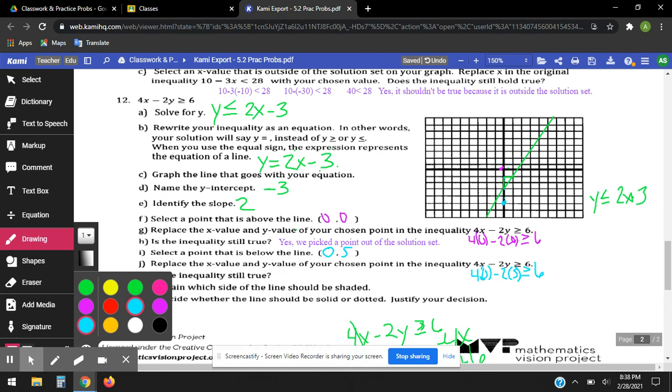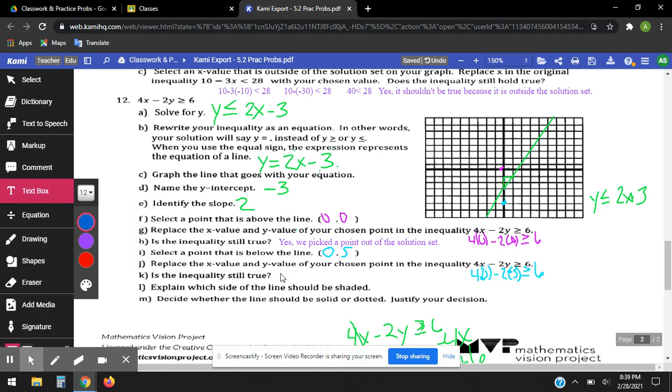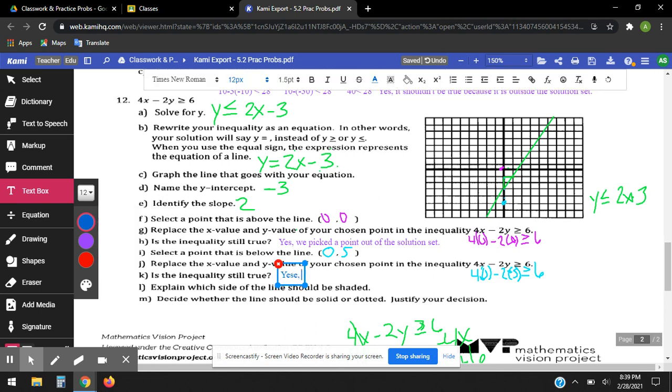So 0 minus a -10, which would be plus 10. 10 is greater than or equal to 6. So does it still hold true? Yes. We picked a point in our solution set.